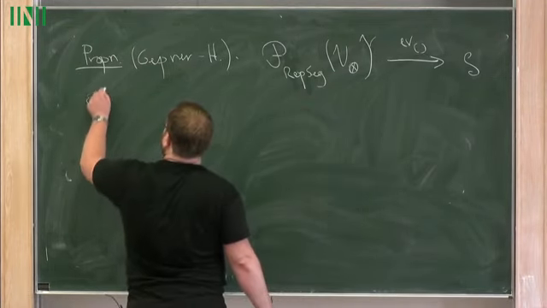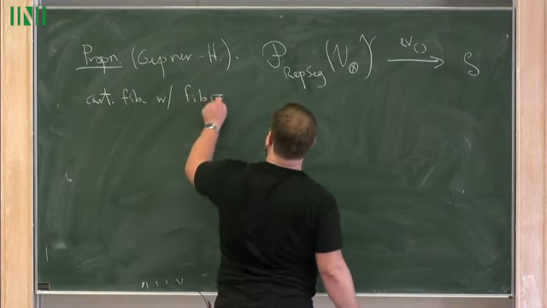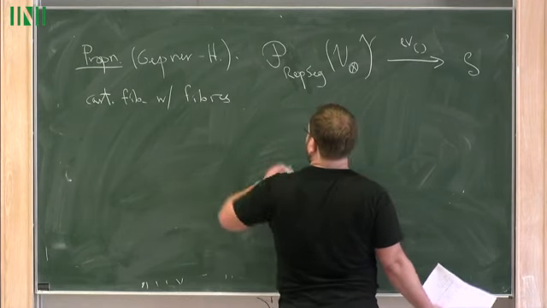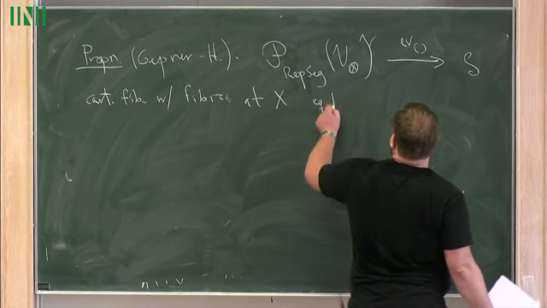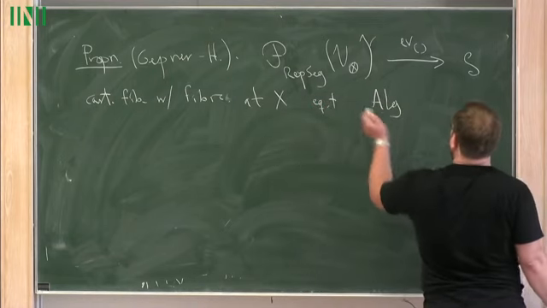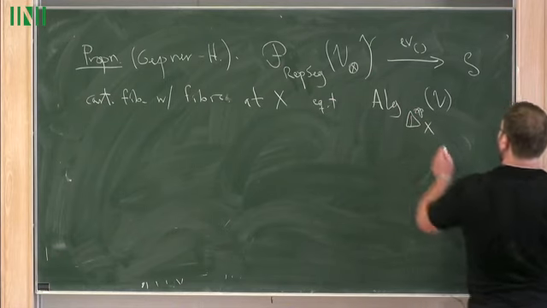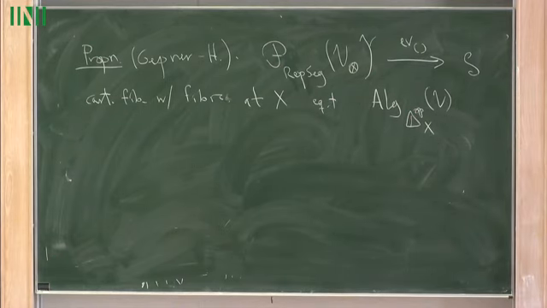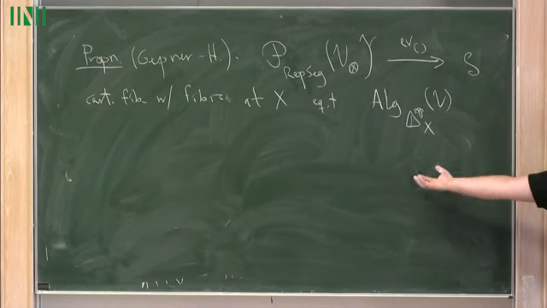This turns out to be a Cartesian fibration, and the fibers can be identified with the fiber at X being equivalent to algebras in V for a certain kind of generalized non-symmetric infinity operad Delta of X, which you should think of as essentially the same thing as the operad that describes enriched categories with X as the space of objects.